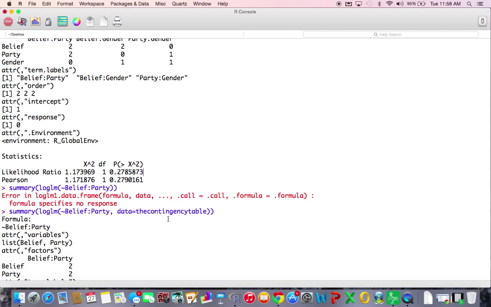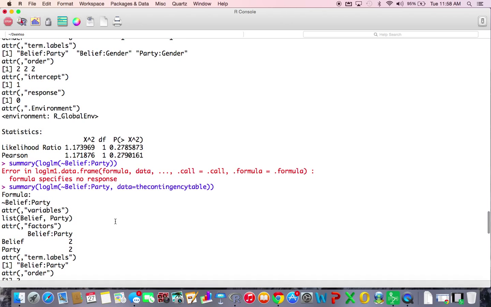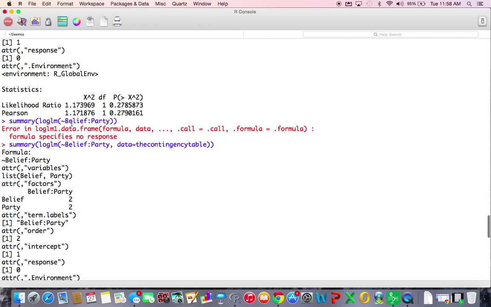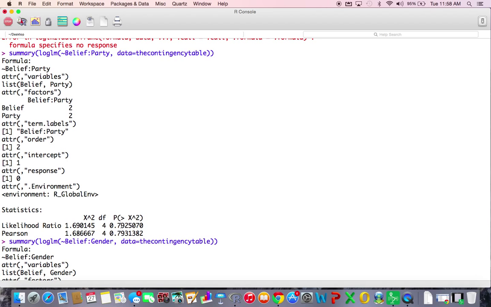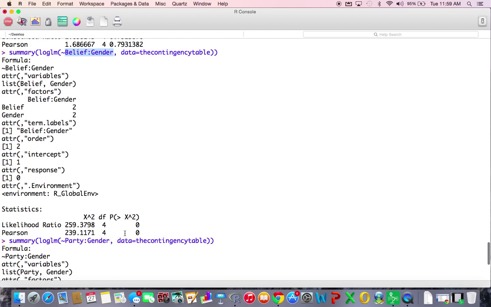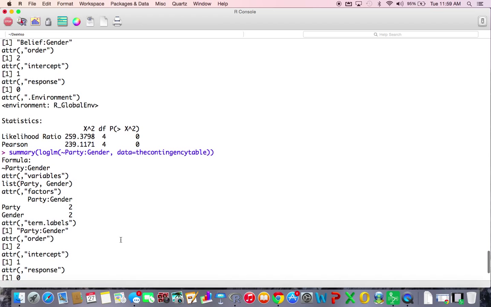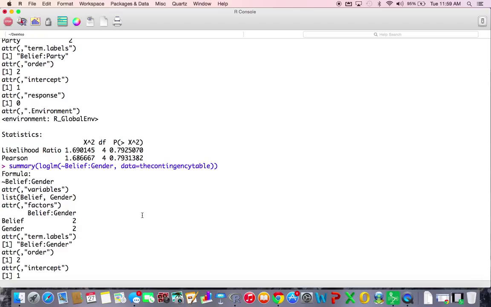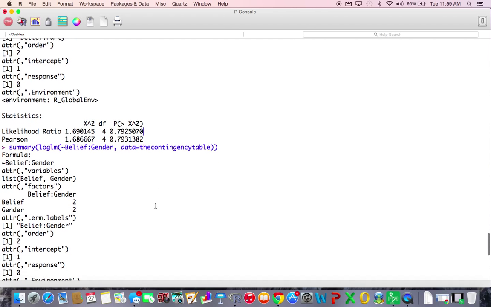And what happened here makes total sense because of the way that I created the gender variable. The gender variable was created just by a random number generator. And so what's actually happening is the belief across party is not statistically significant. But when I bring gender into this situation, I get statistical significance, both with party and belief. So guys, at the end of the day, what this is telling us is that we can throw gender out, because gender is pretty much irrelevant in describing this relationship.